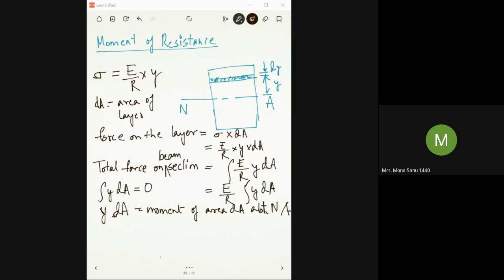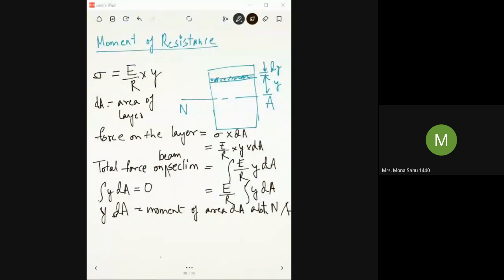Due to pure bending, layers above the neutral axis are subjected to compressive stresses, and the layers below the neutral axis are subjected to tensile stress. Clear? I'm not writing it down, you guys can make a note of it.